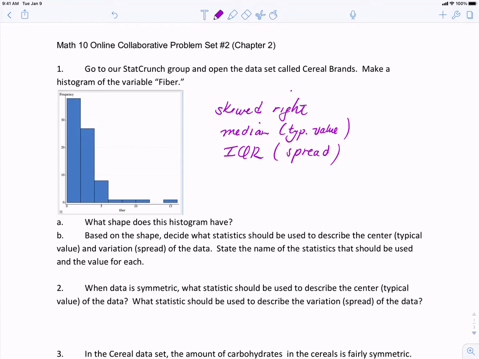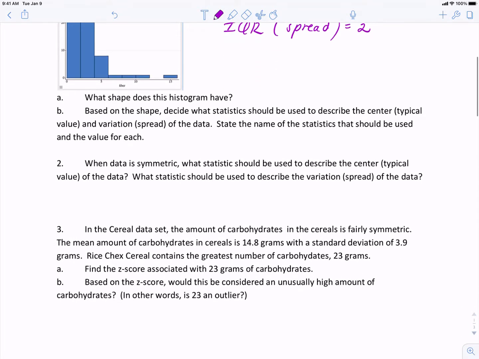And so the median turns out to be 2. So the typical cereal has about 2 grams of fiber, and the IQR coincidentally also turns out to be 2. All right, that's number 1. Number 2, when data is symmetric, what statistic should be used to describe the center, and what statistic should be used to describe the spread?